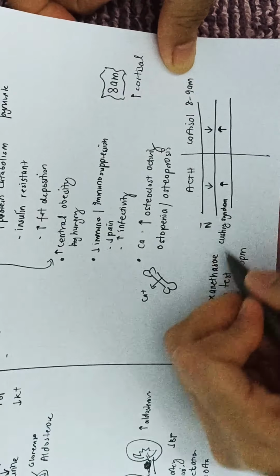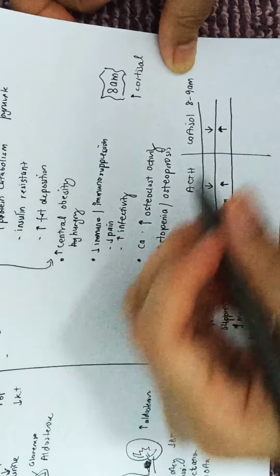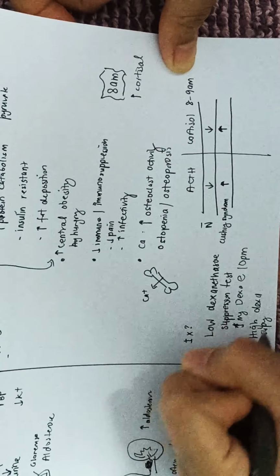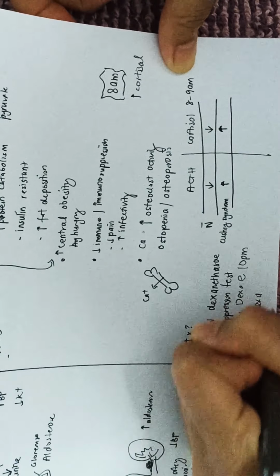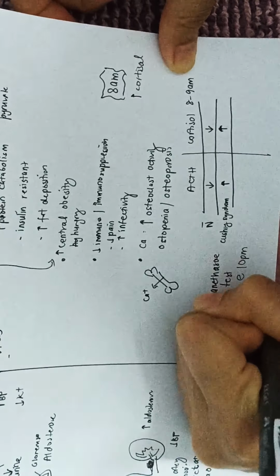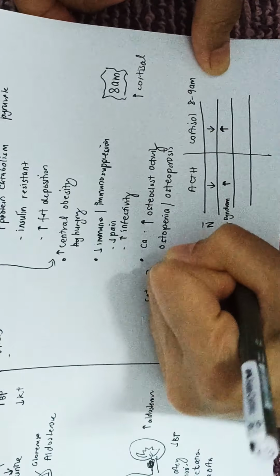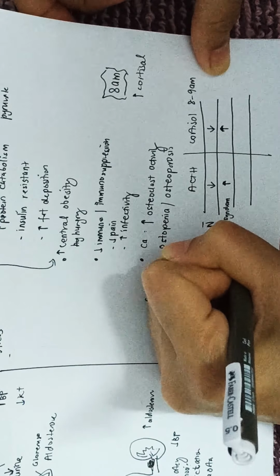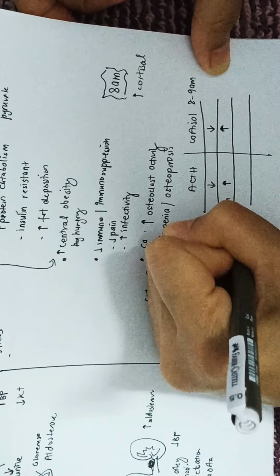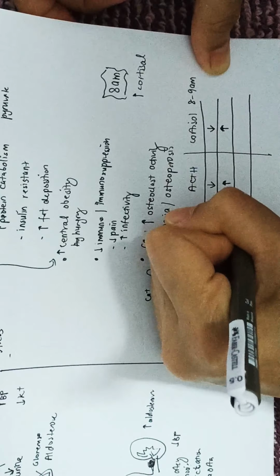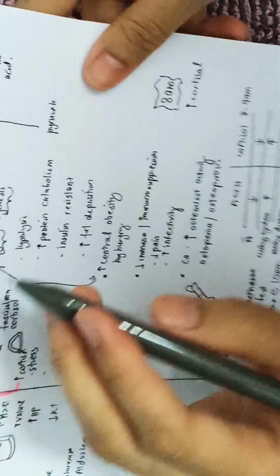So if you find this, you have to proceed with the high dexamethasone suppression test using 8 milligrams. So using 8 milligrams, you can differentiate whether it's a Cushing syndrome or actually Cushing disease, which primarily comes from a pituitary adenoma.